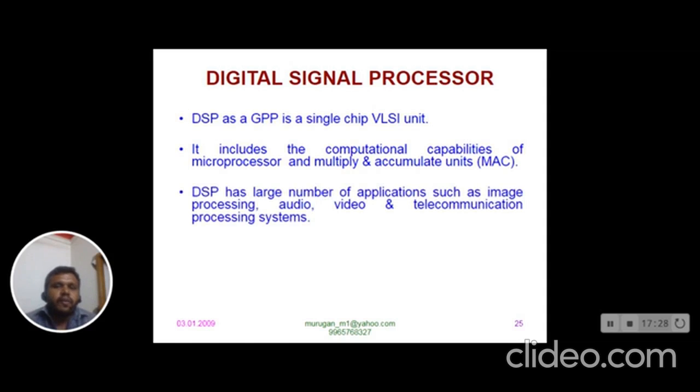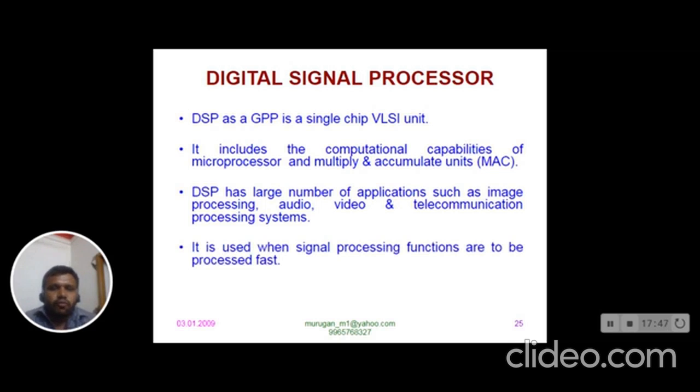DSP has a large number of applications such as image processing, especially in audio and video applications, telecommunication processing systems, and so on. So it is used when signal processing functions are to be processed fast.